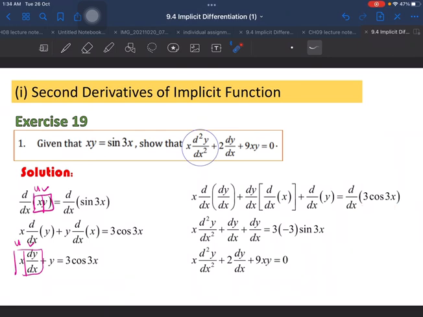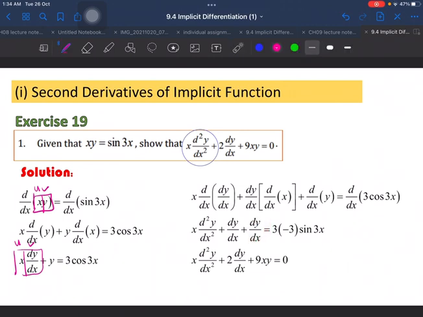This one, we get x multiplied with d over dx for dy dx. We get d square y over dx square plus dy over dx, and then plus this one dy over dx.